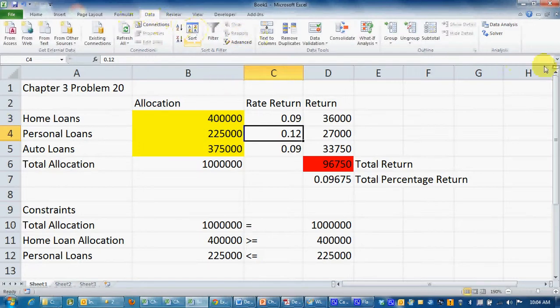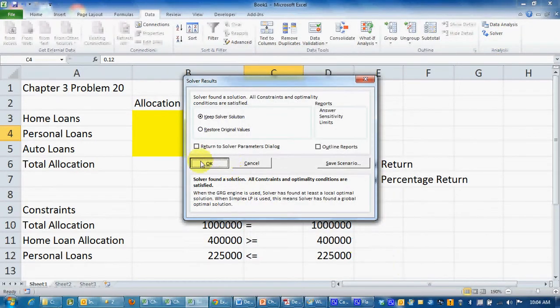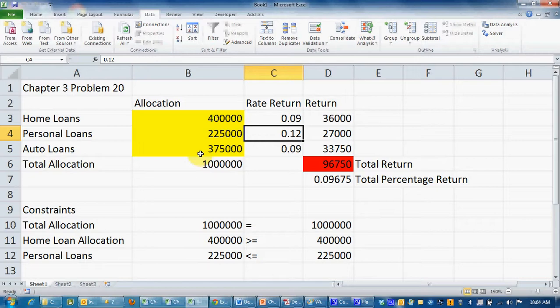So then we just run Solver again after we do the change. Did they change? Nope. So that changed, but everything else stayed the same. So the answer to that, the allocation did not change, the total return did increase, which would make sense since you're increasing the return there.